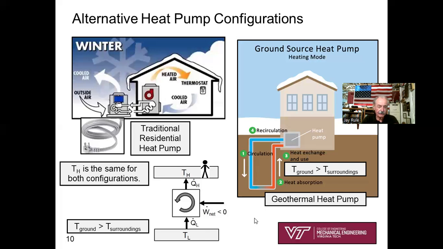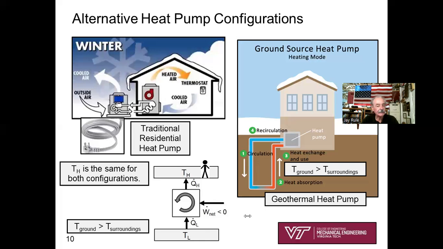And in the upcoming section at the end of Chapter 5, you're going to be able to quantify that the coefficient of performance for a heat pump using this method, a geothermal heat pump or a ground source heat pump, is going to be better performance in the cold of winter than the traditional residential heat pump.